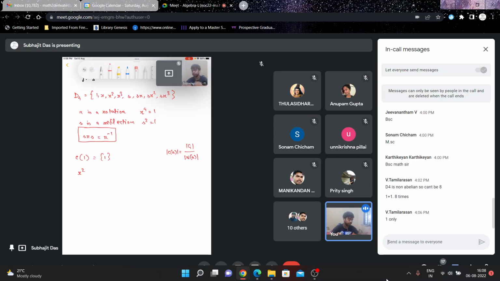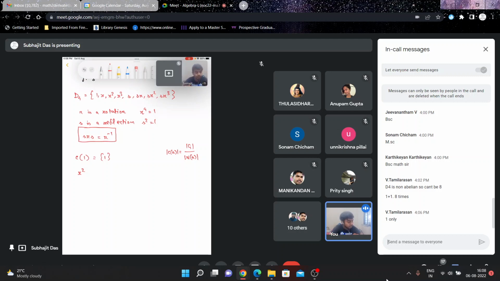Oh, sorry, I twisted the argument a bit. That's not what I want to say. The order of the conjugacy class of A divides the order of the group, so it can have order exactly 1, 2, 4 or 8. Okay, fine, let's just compute the conjugacy class of R square.